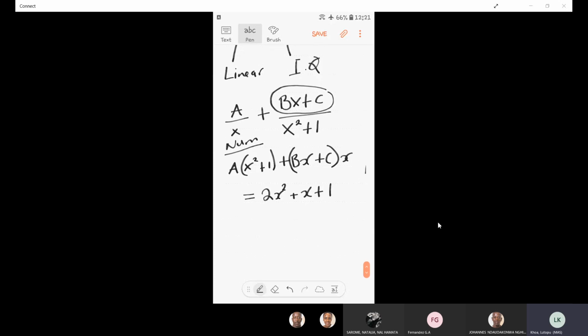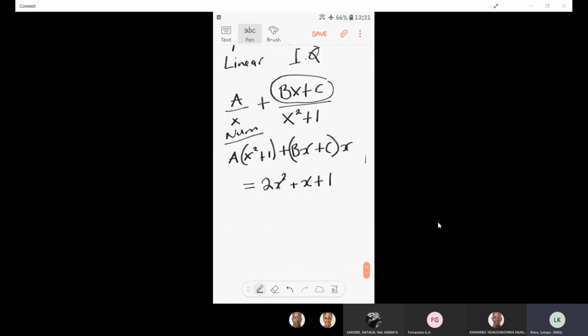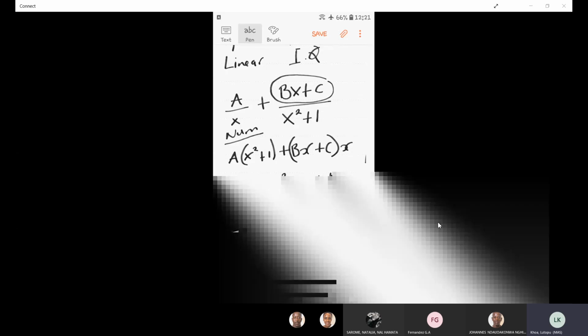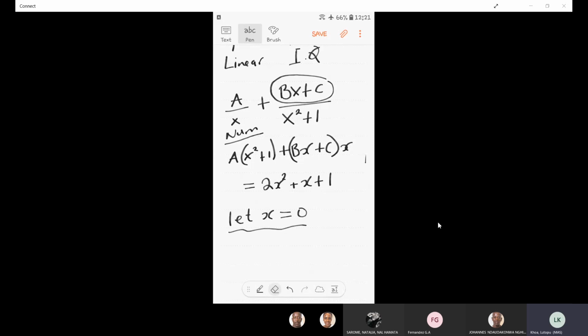Then I try the substitution thing that I've been doing. So we can say let x equal to 0. I see that when x is equal to 0, the term with b will disappear because it's multiplying by 0 over there. Then on the right hand side, this will be 0, that will be 0, I'll be left with 1.